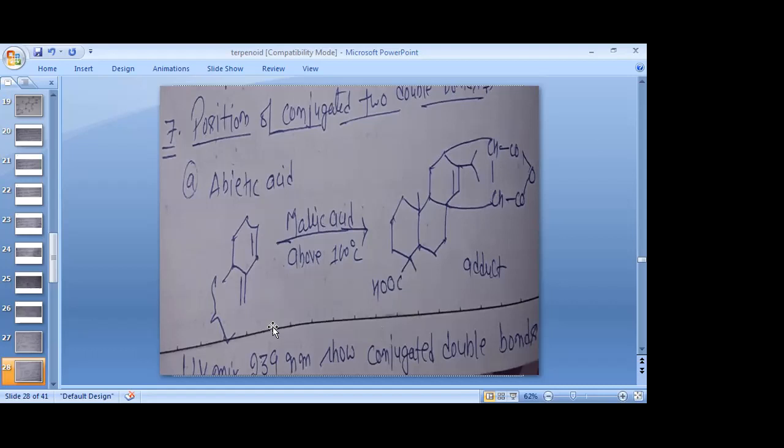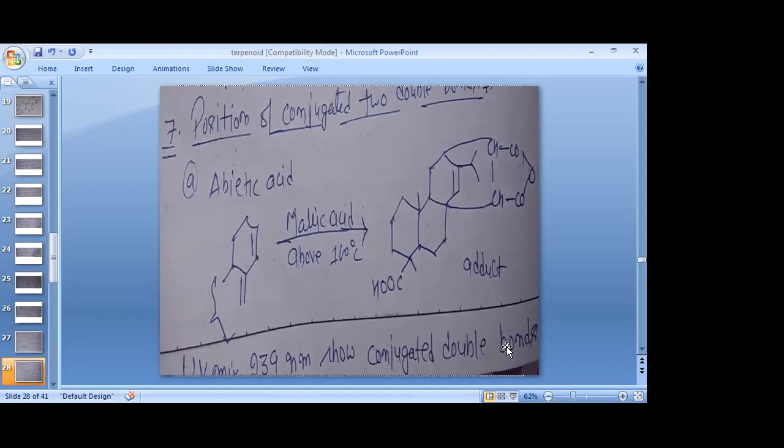Now the second important thing: abietic acid absorbs at 239 nm lambda max in the UV visible region. It shows there is a conjugated double bond, because on the basis of lambda max in UV visible spectra, you can confirm whether the double bonds are conjugated or not. So UV spectroscopy is also an important technique.